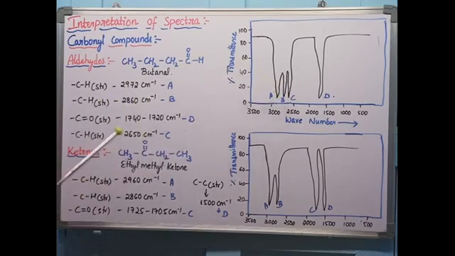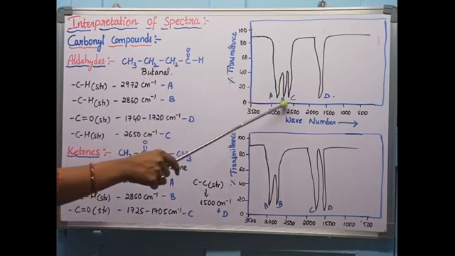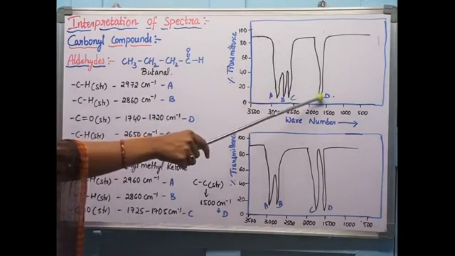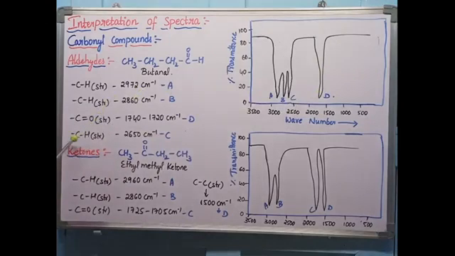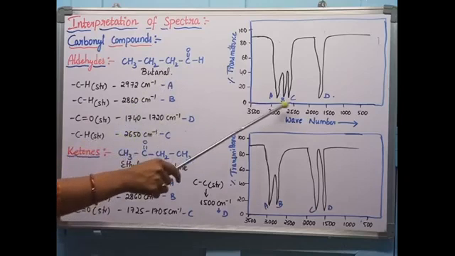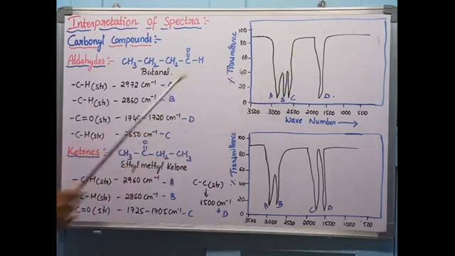This is peak B. Next there will be a CO group, C double bond O. It gives a peak at 1740 to 1720. You can observe that is the D peak. Next, beside the CO there will be hydrogen, the aldehydic hydrogen. This gives a peak at 2650. This is peak C.